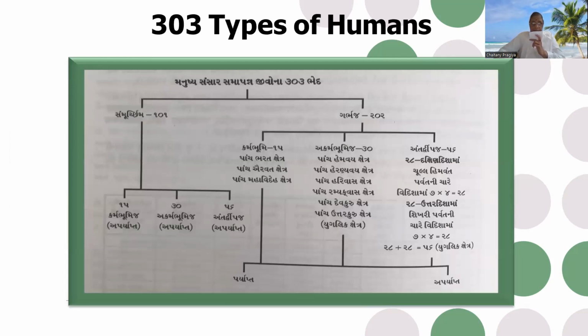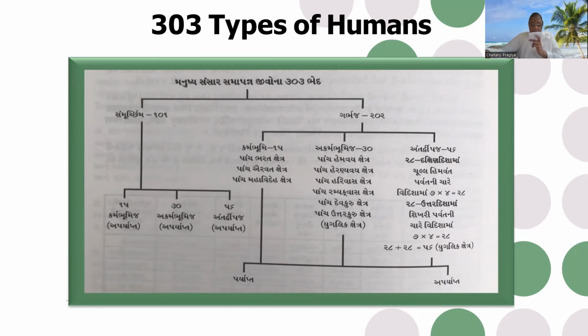Now we will see where these 303 types of human beings, which I have already explained, are found on the earth. They are found in two and a half islands, and the total parts where they live are 101 types.